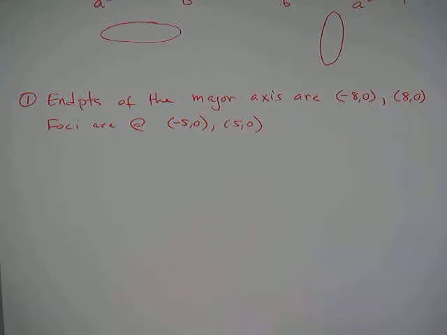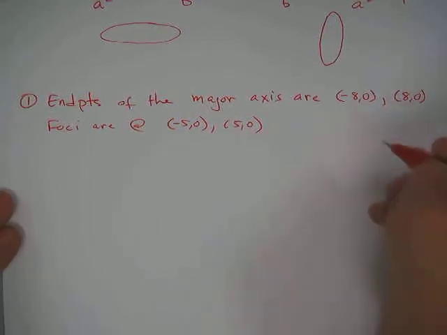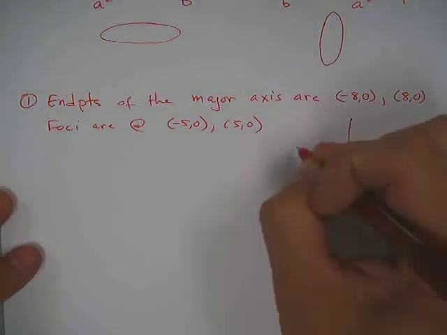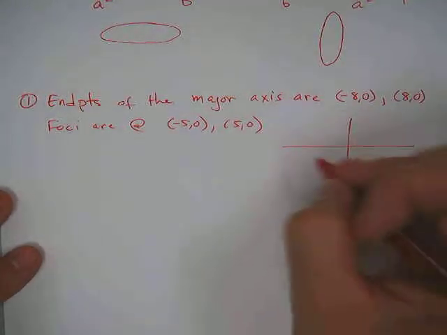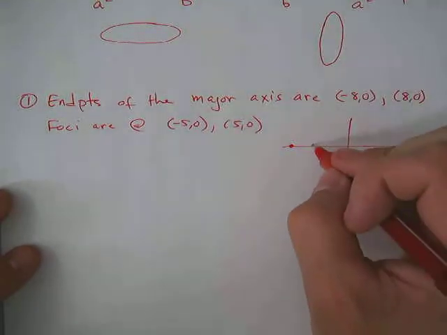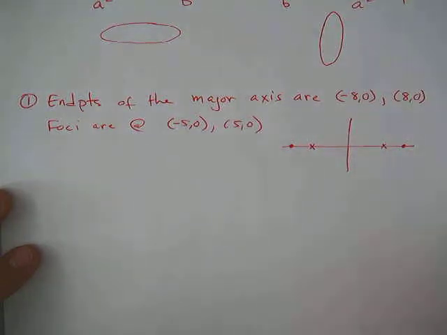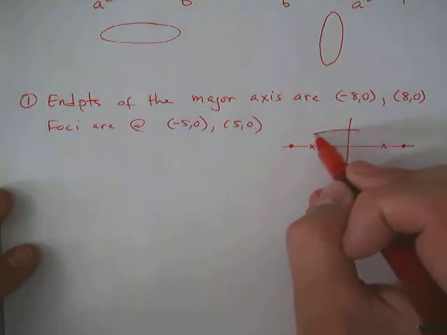Now, the first thing that I would suggest is to just draw a rough sketch. Doesn't have to be perfect, but at least it gives you an idea of what you're dealing with. So, -8, 0 is way over here, and 8, 0 is way over here, and focal points, here's one of them, and here's the other one.